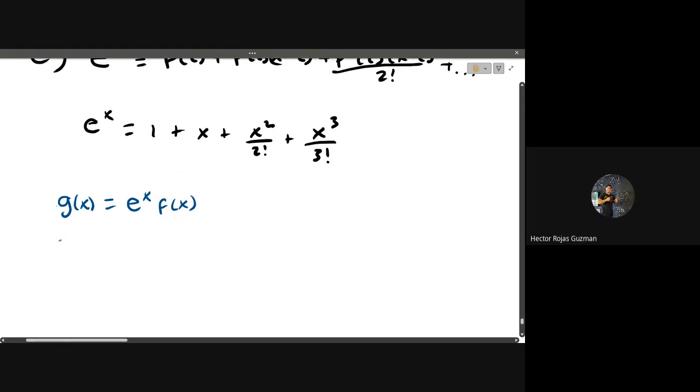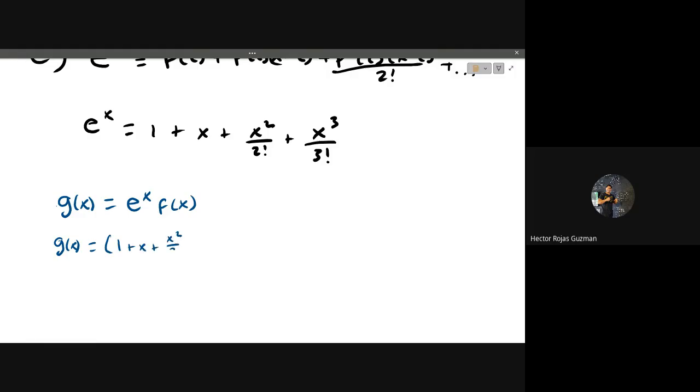So in other words, you just got to take your terms, 1 plus x squared over 2 factorial plus x cubed over 3 factorial, dot, dot, dot, and multiply that times the f of x series, which is x minus 3 over 2 x squared plus 3 x cubed, dot, dot, dot.